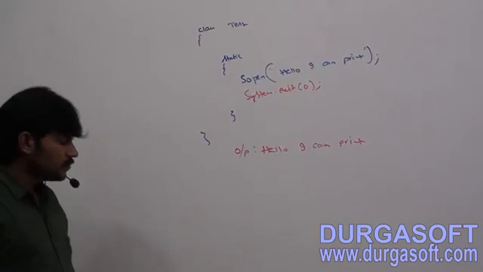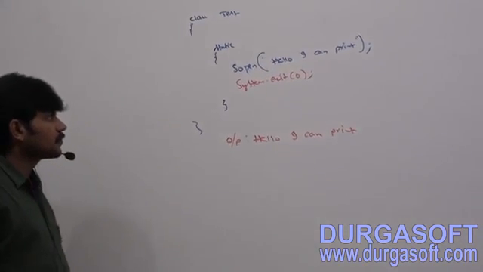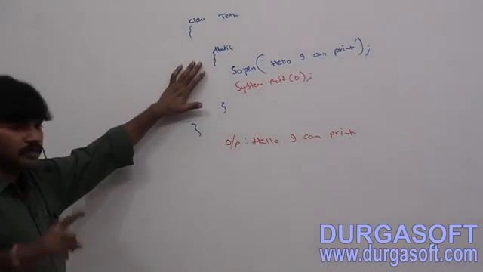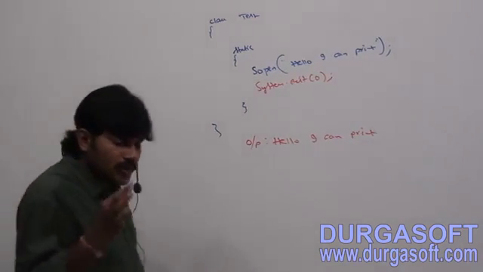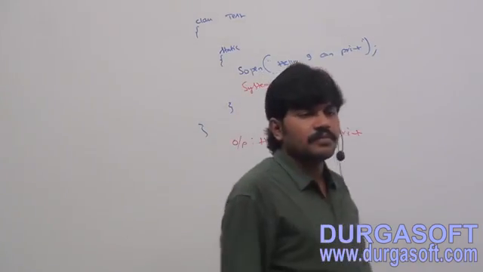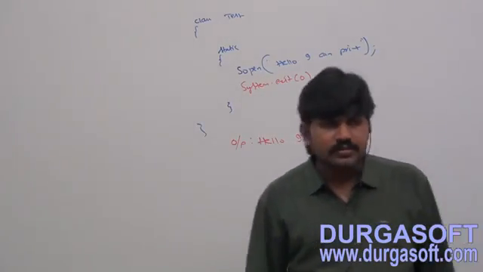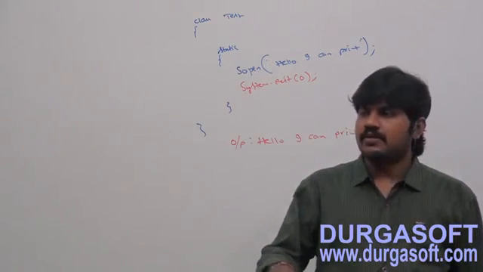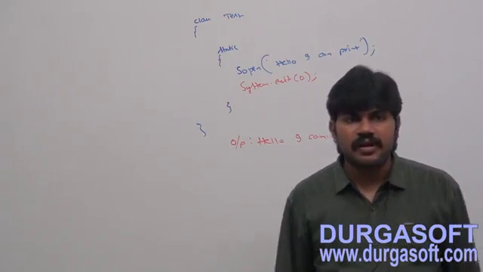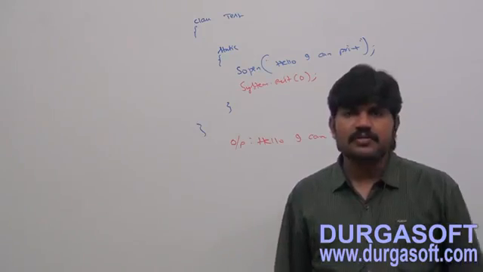Example 2. Better to take question number 2, the second question. Without writing a main method, and without a static block, have you observed? Main method we should not write, static block we should not write.